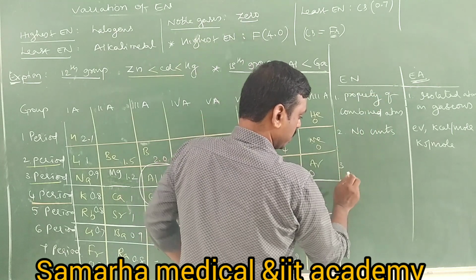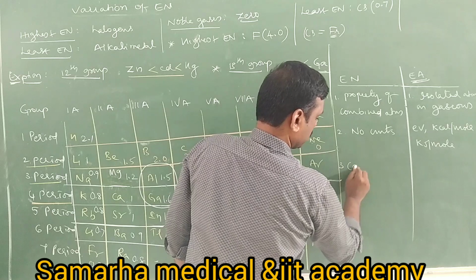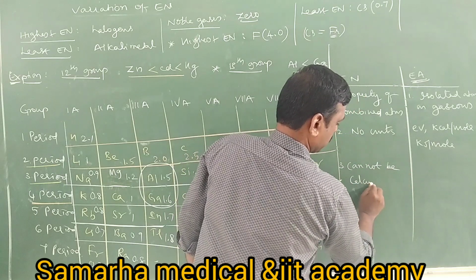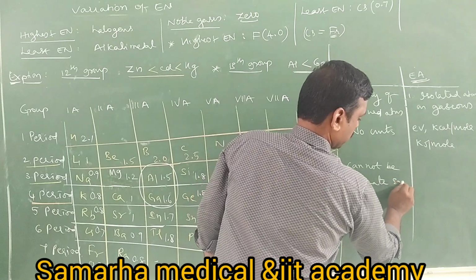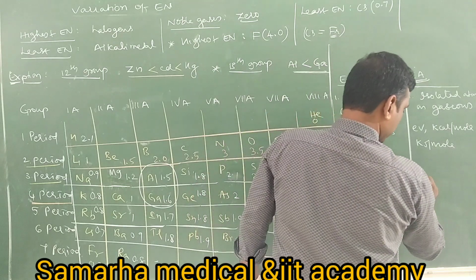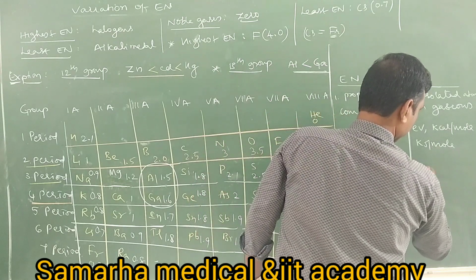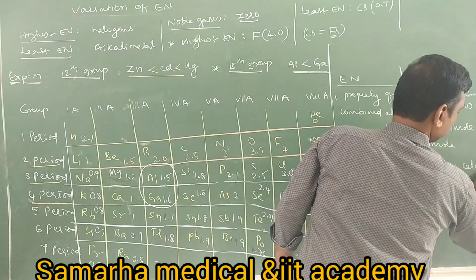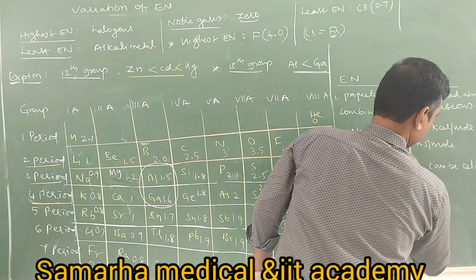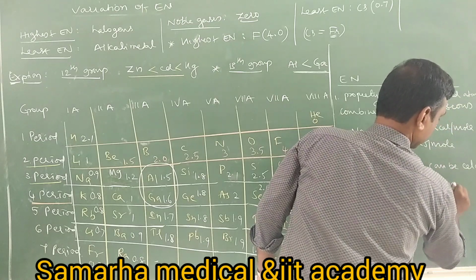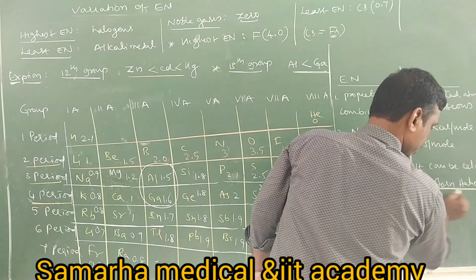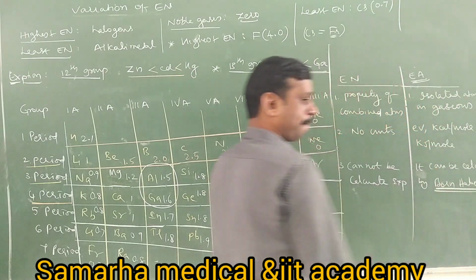Therefore, electronegativity cannot be calculated experimentally, while electron affinity can be calculated by the Born-Haber cycle. It's important. This question previously appeared in CET.